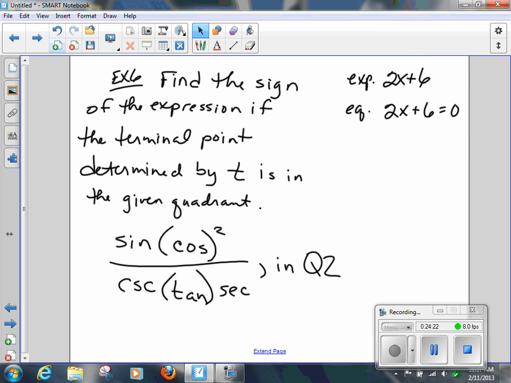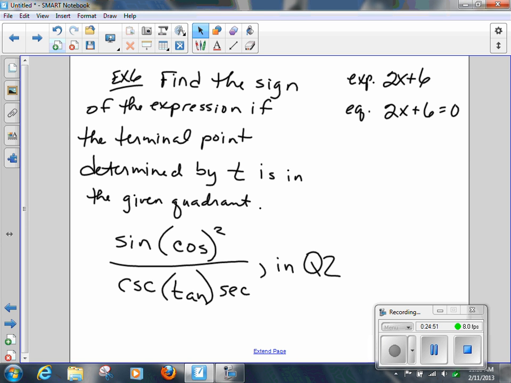And it's in quadrant 2. Find the sign of the expression, meaning not an equation, if the terminal point determined by t is in the given quadrant. That expression is in quadrant 2.